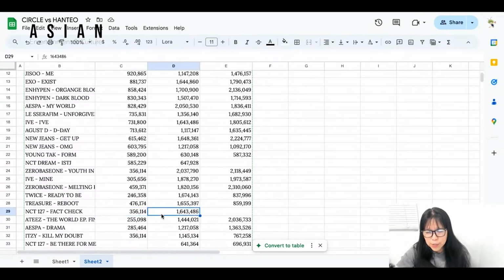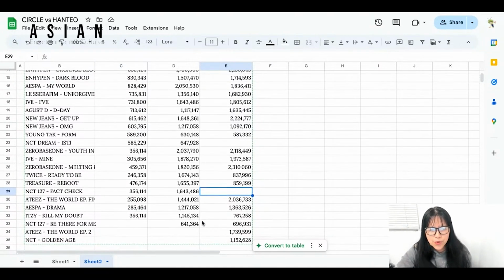They shipped 1.6 million, but only 356,000 was actually purchased. And in Hanto, they didn't even make it to the top 50. Okay. For ITZY, 1.1 million was shipped, but only 356,000 was purchased directly by customers.